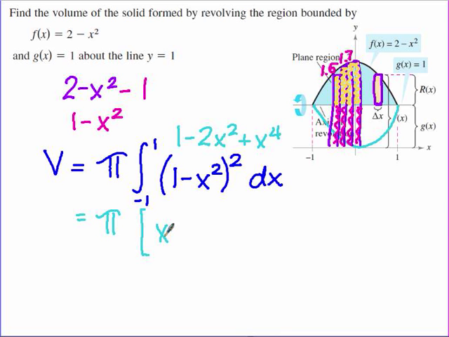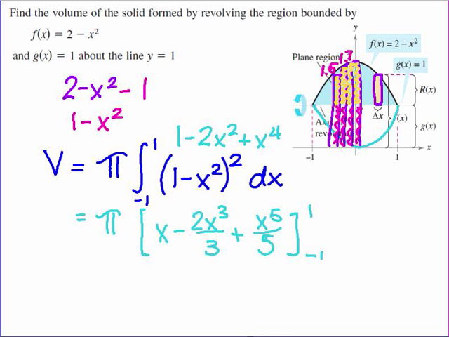X. What's the integral of 2x squared? 2x cubed over 3. What's the integral of x to the 4th? X to the 5th over 5. And I'm going to evaluate that from 1 to -1. I just need to plug those values in, both 1 and -1, and then I'll be able to find out what the volume is.